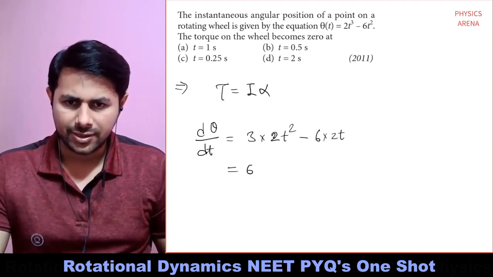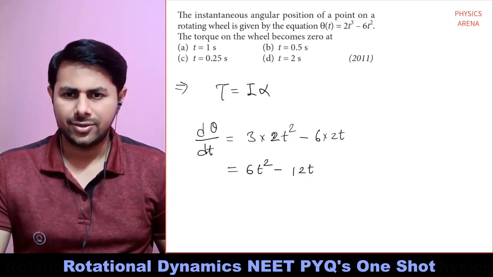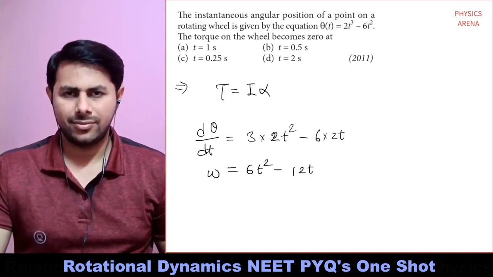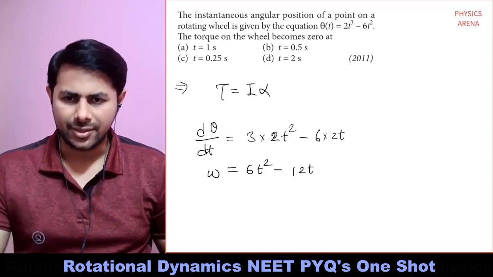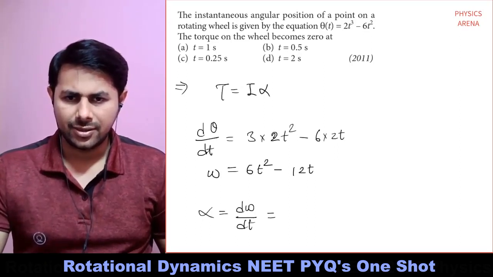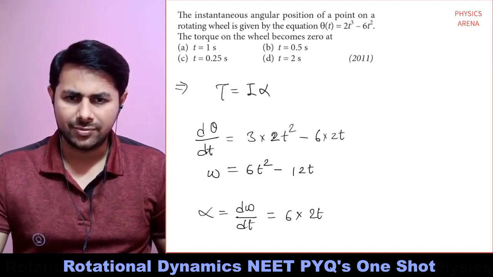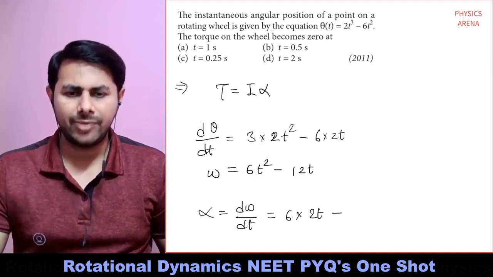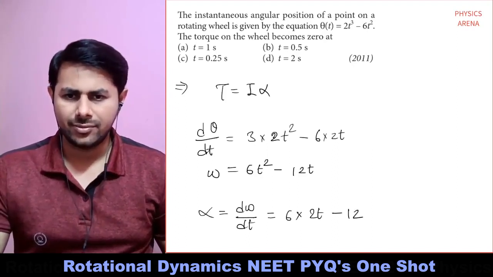So 6 t square minus 12t. So this is omega, if we take d theta by dt, and alpha is equal to d omega by dt. So if we take the derivative of this, it will be 6 multiplied by 2t minus the derivative of this, which will be just 12.